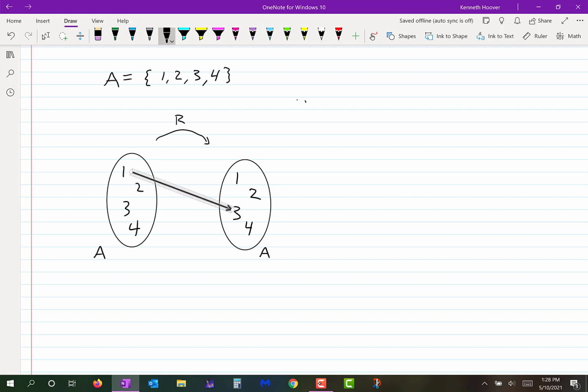Let's do this. 1 is related to 3. And it's also related to itself. I would like to do that.